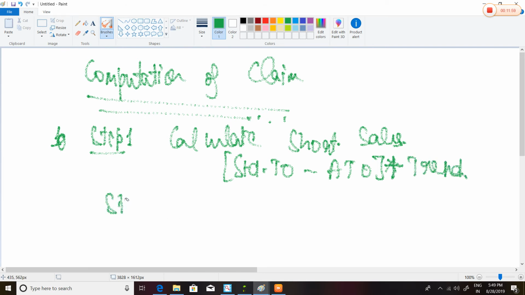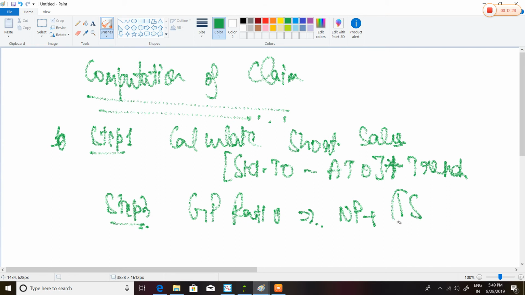Second step, we have to calculate the GP ratio. GP ratio will be calculated as net profit plus insured standing charges divided by sales into 100.